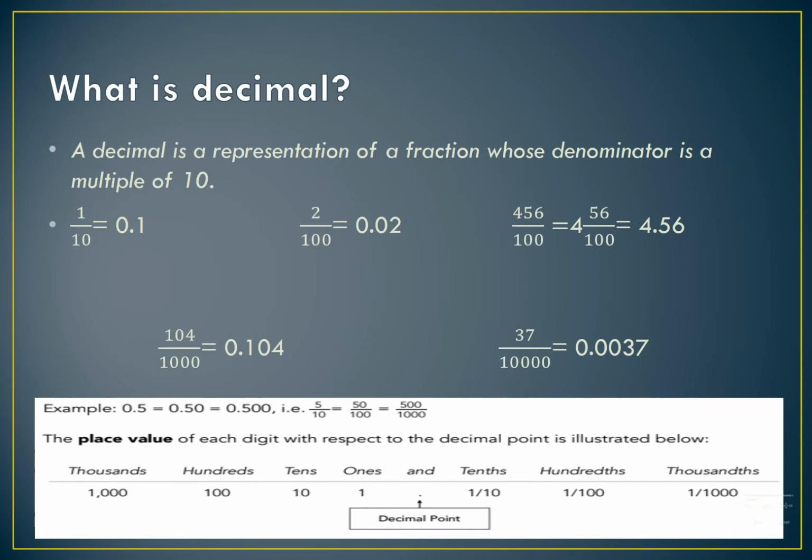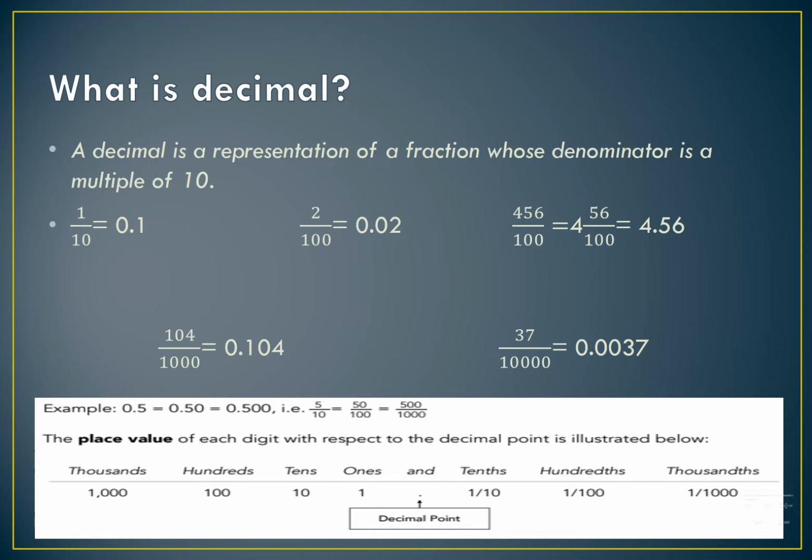This time, let's define decimal. A decimal is a representation of a fraction whose denominator is a multiple of 10. Example, 1 over 10, its equivalent in decimal is 1 tenth. 2 over 100 is equal to 2 hundredths.